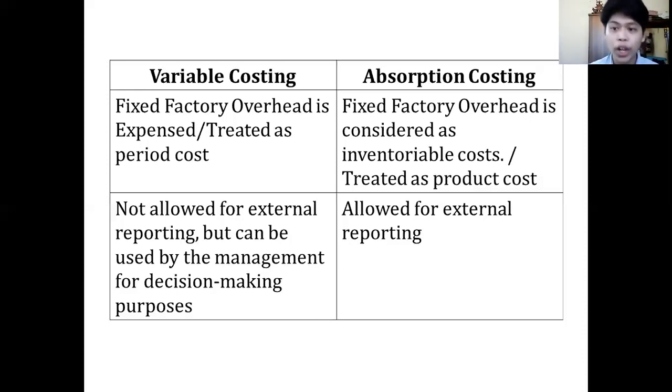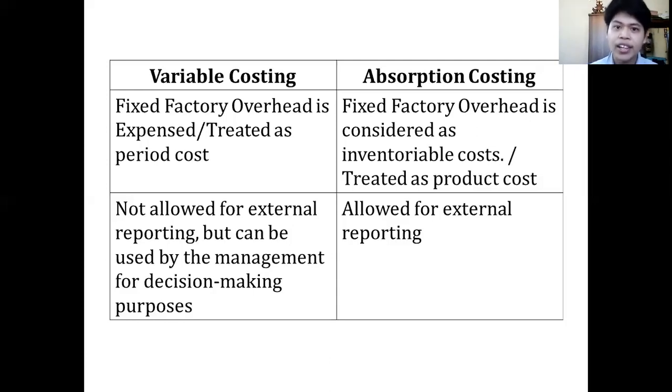How about reporting? Variable costing is not allowed for external reporting. So it is not recommended by the financial reporting standards. But why do we need to know this? Because it can be used by the management for decision-making purposes. So, even if we do not use variable costing for financial reporting, it is still relevant for the management.